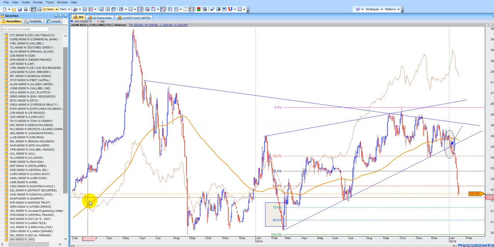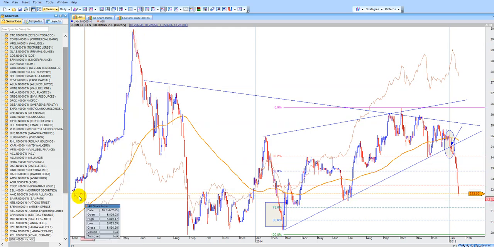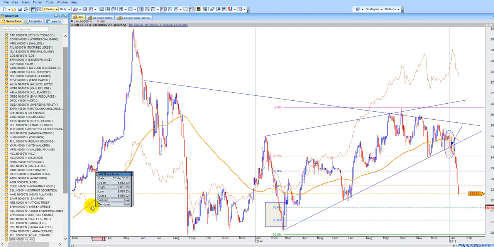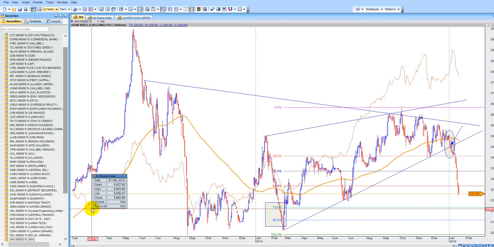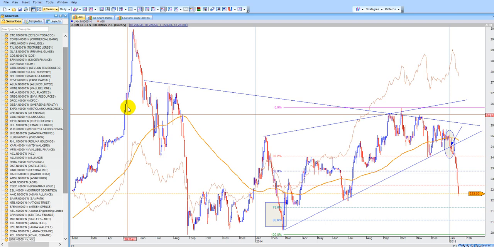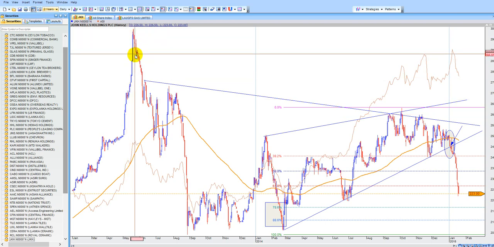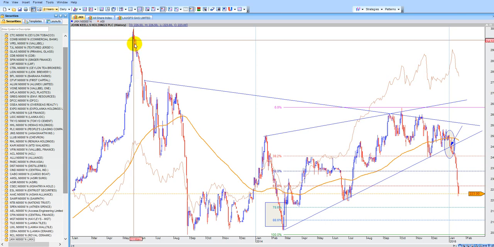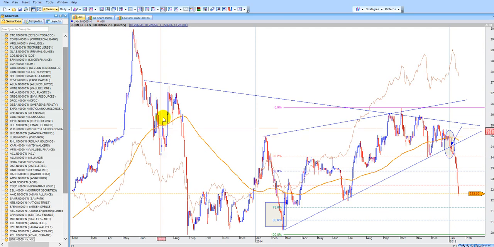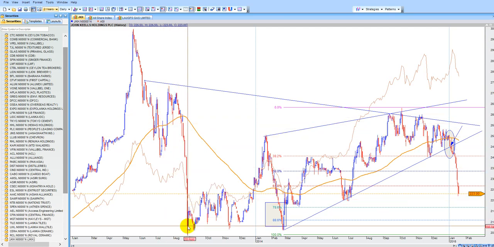Now when the index was falling or dropping, JKH was outpacing the ASI index by a huge gap, and then gradually the gap got narrower and it even went below the ASI.